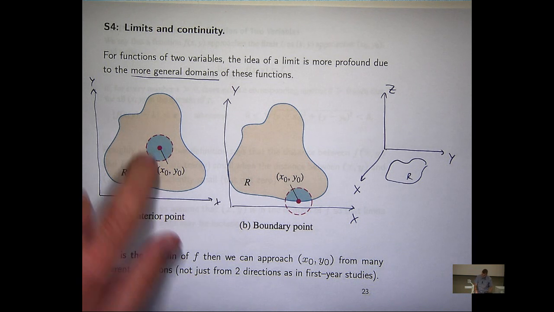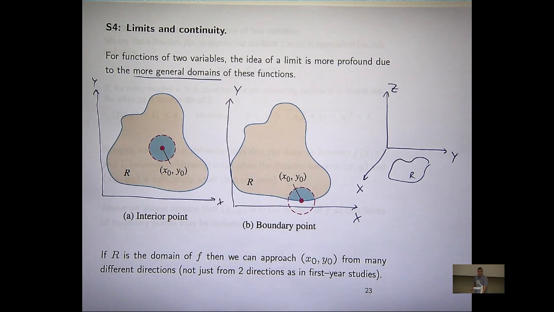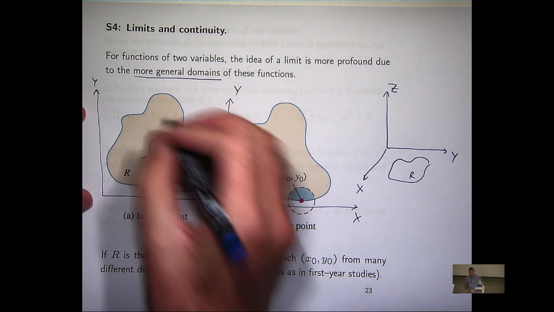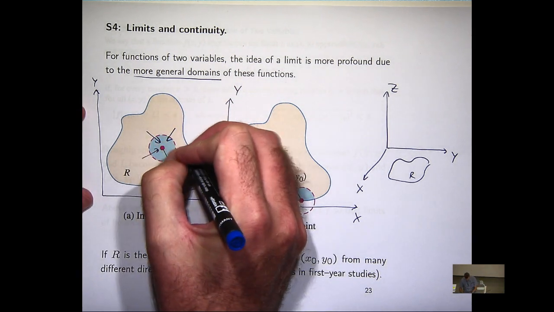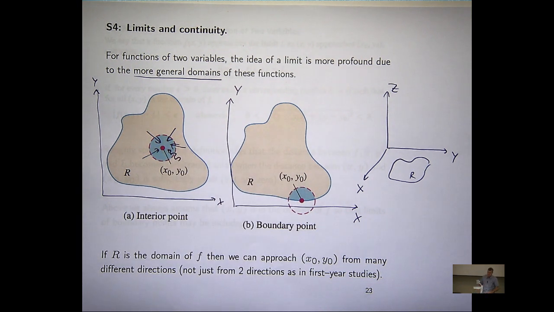For example, let's take this one here. Say it's (1, 2) or (2, 2) or something. I can approach it from this direction, this direction, this direction, like that. So there are lots of different ways that you can approach a point in the domain of a function of two variables.